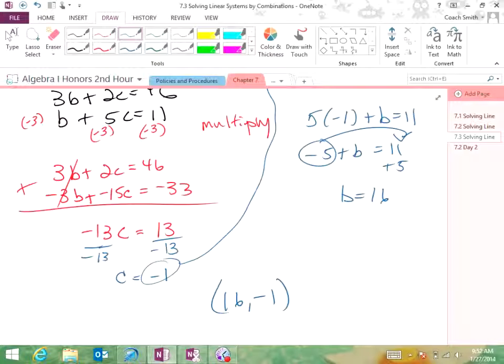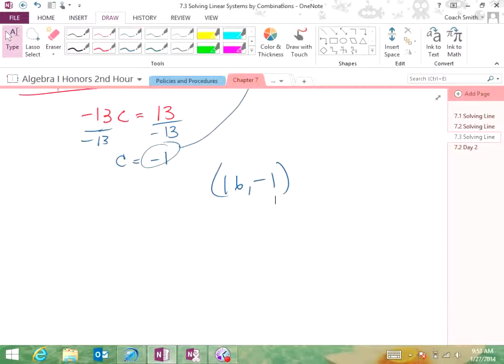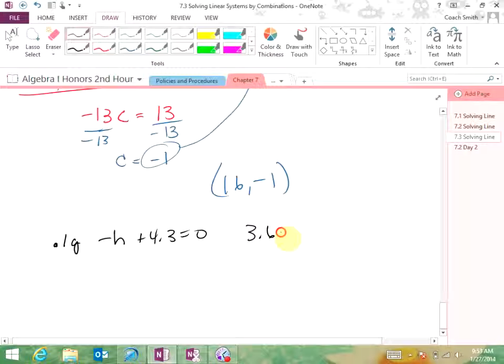All right, let's look at 30. We haven't done these decimal ones yet. Number 30 says 0.1g minus h. Look, I want you to look at something here. If you will do this, first of all, multiply everything by 10.